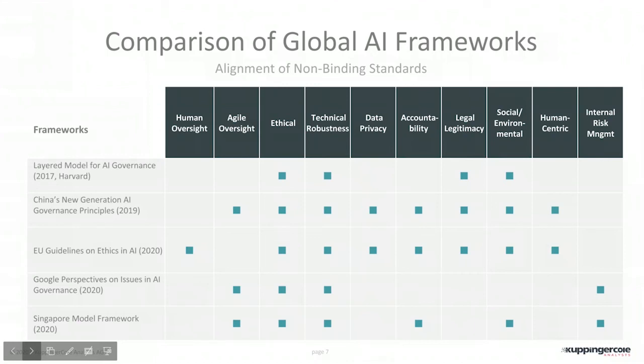So it's also worth noticing that similar concepts keep popping up in these governance frameworks from many different perspectives. And one topic worth mentioning is that legal legitimacy is featured less in a few of these frameworks. This is problematic, but mainly for the future. At the moment, there's so little legally binding legislation out there.